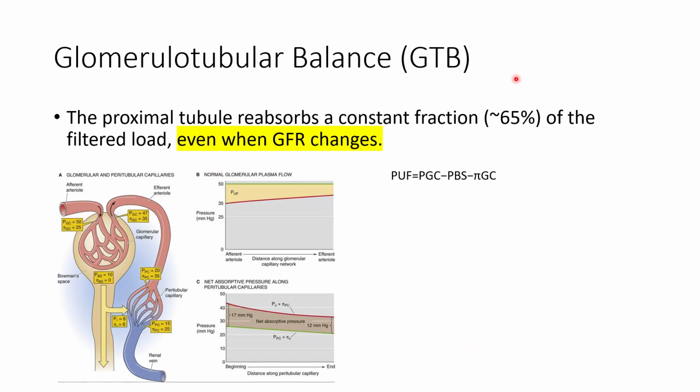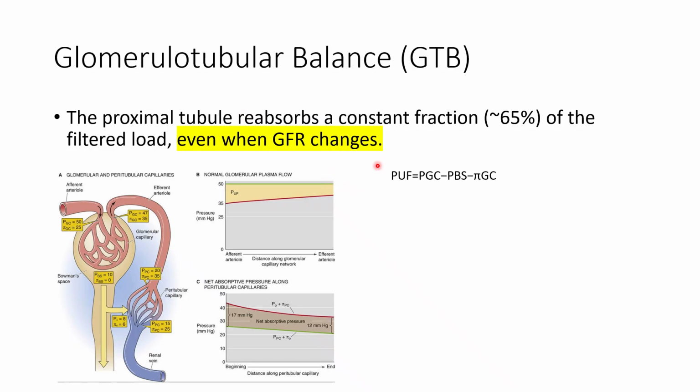The fraction that is being absorbed is constant, even if the filtered amount of fluid through the glomerulus decreases or increases, the PCT will absorb a certain fixed fraction out of that filtered part, and that is 65%. So basically, this is how the GTB, the glomerulotubular balance, is maintained.